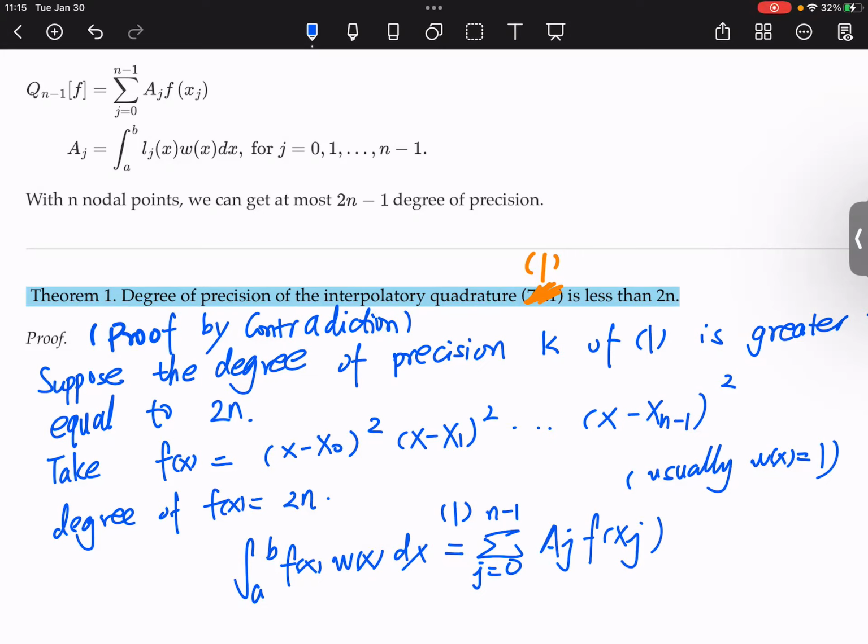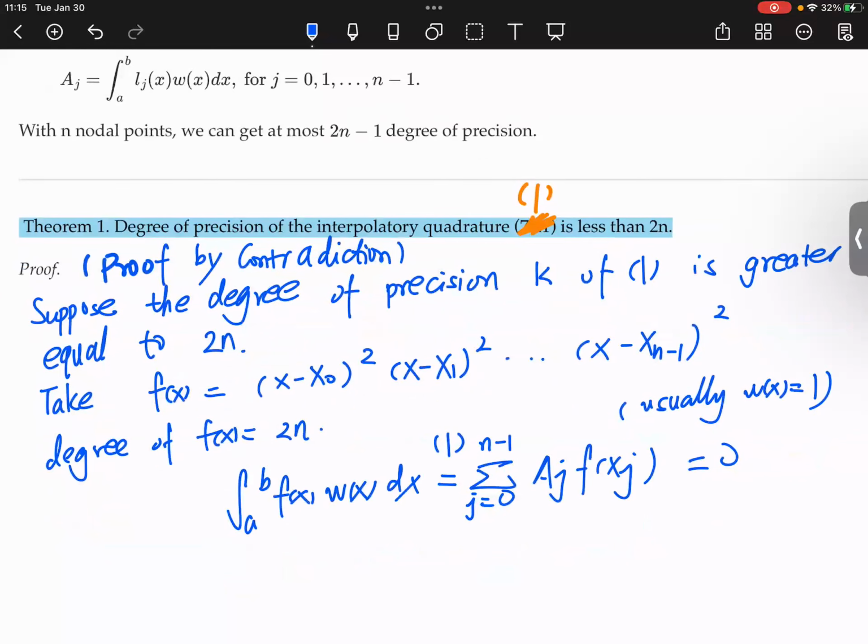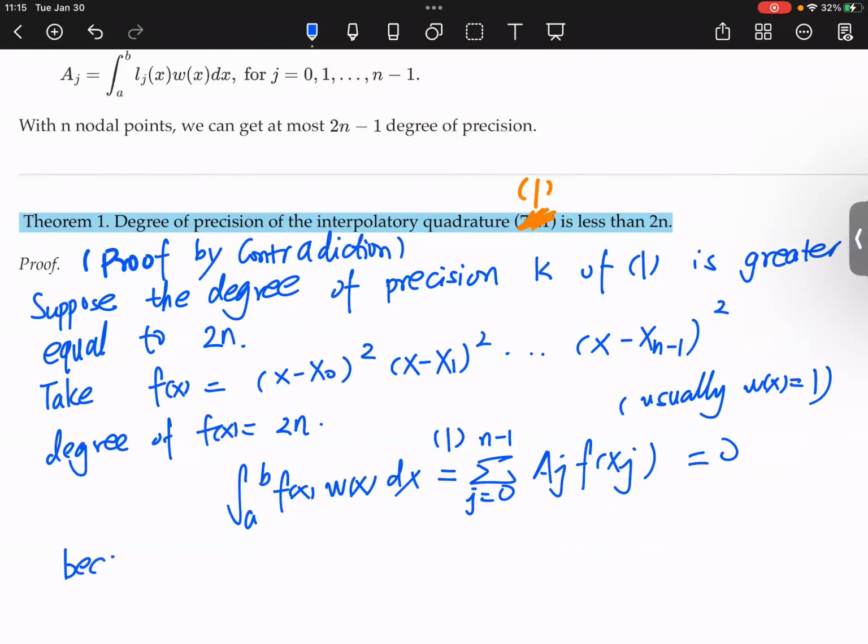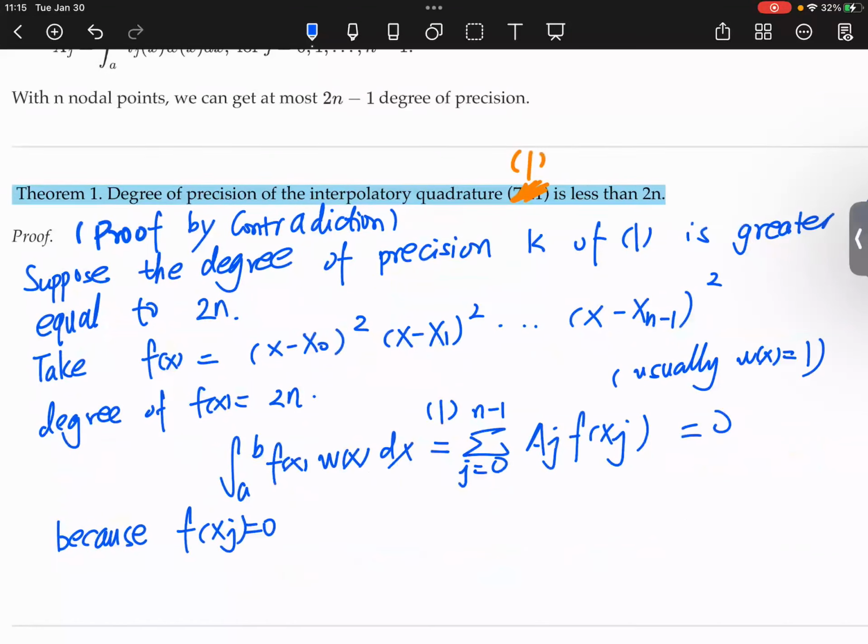This is because, from the definition of f(x), we have f(xj) equals 0, and this is the reason why we have this result if we apply the quadrature rule.